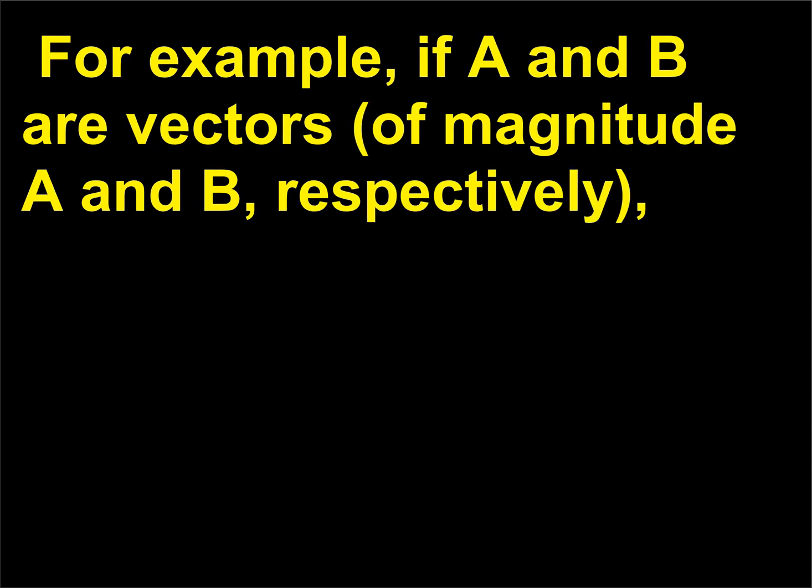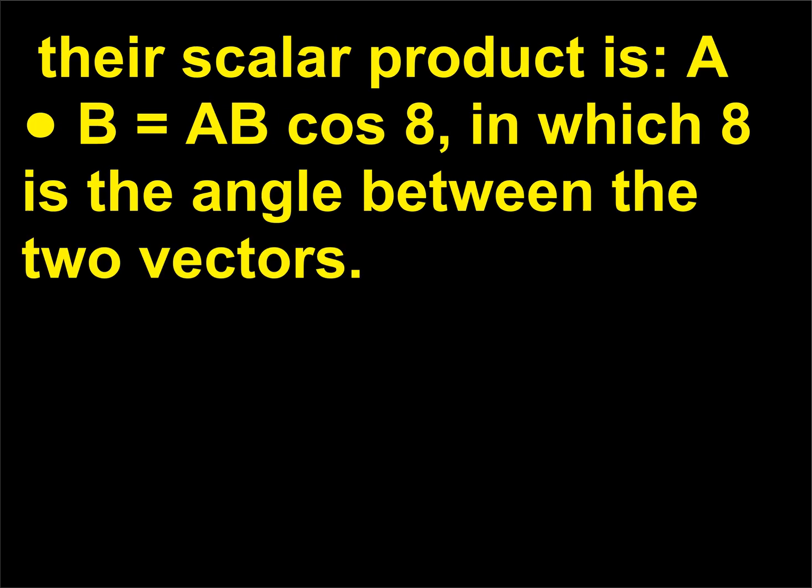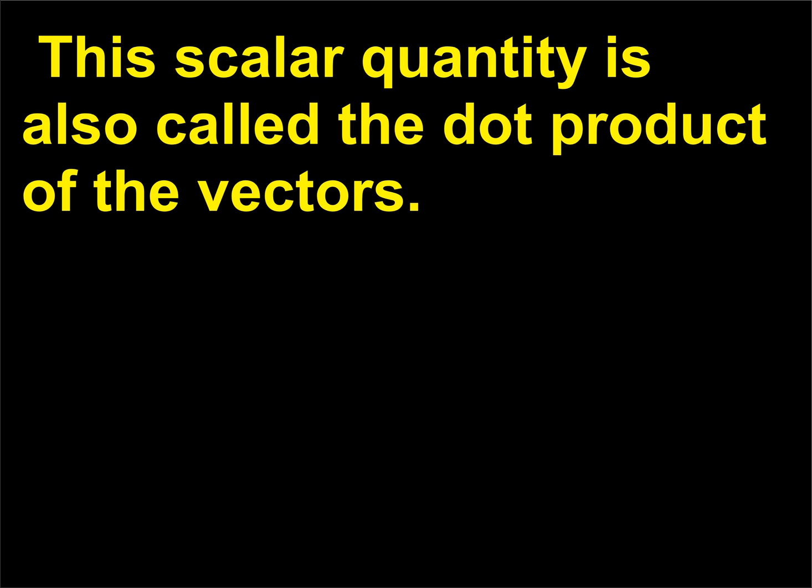For example, if A and B are vectors, of magnitude a and b, respectively, their scalar product is A·B equals ab cos θ, in which θ is the angle between the two vectors. This scalar quantity is also called the dot product of the vectors.